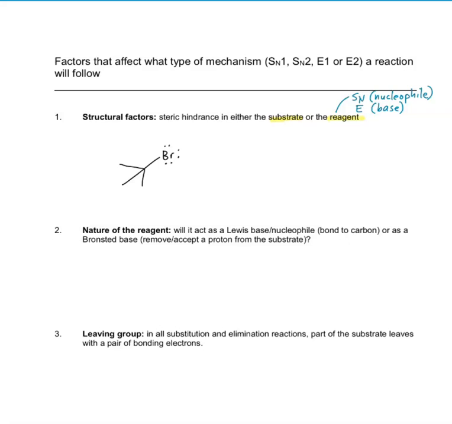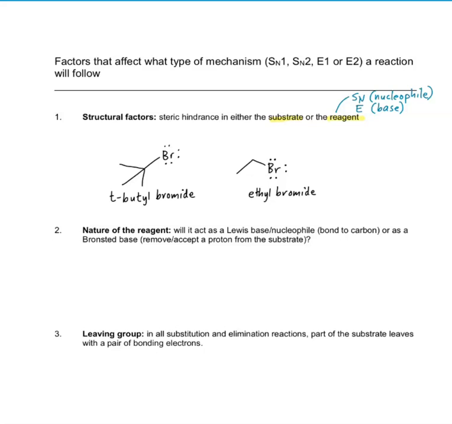So let's compare what I just drew here to this guy. So we have tert-butyl bromide, and then this one is, as you know, ethyl bromide. Now, one of the things that we're going to be doing is labeling our substrates based on the type of carbon that the leaving group is attached to.